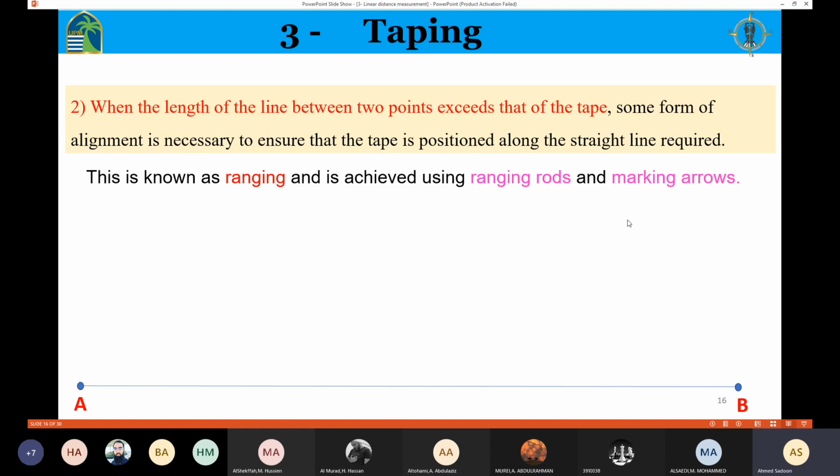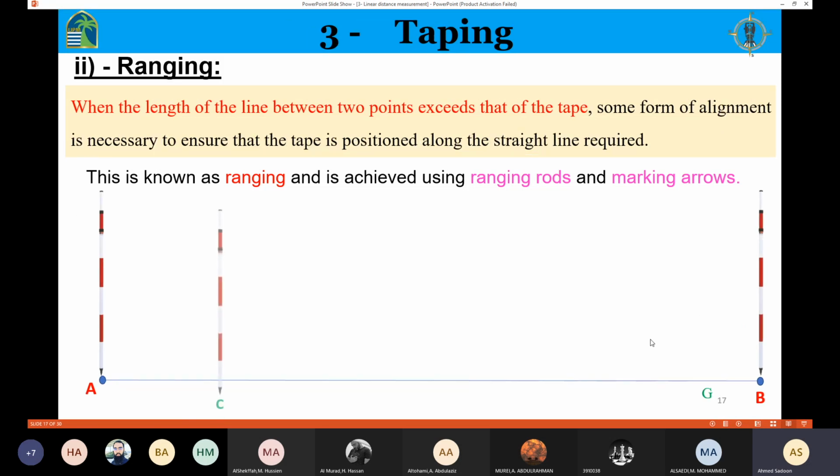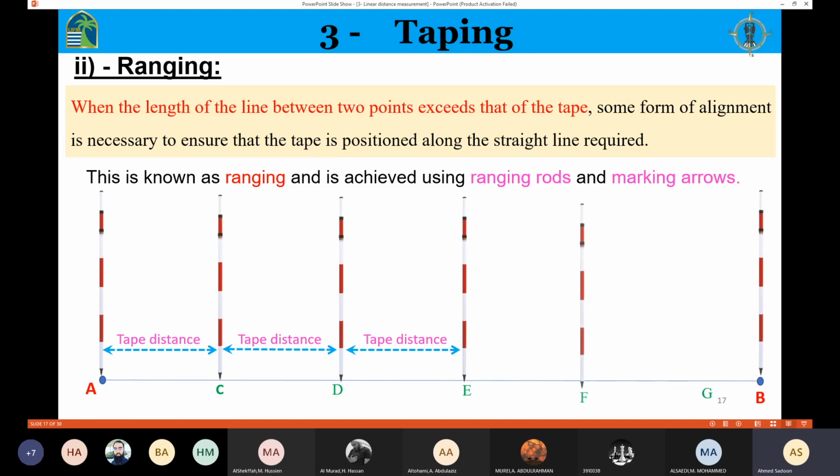rods and marking arrows. So first I need to fix ranging rods at point A and point B. Then I'm going to create intermediate points, but each intermediate point should be aligned with the straight line AB. I'm going to create another one here, and it depends, of course, on the distance that you are going to measure.